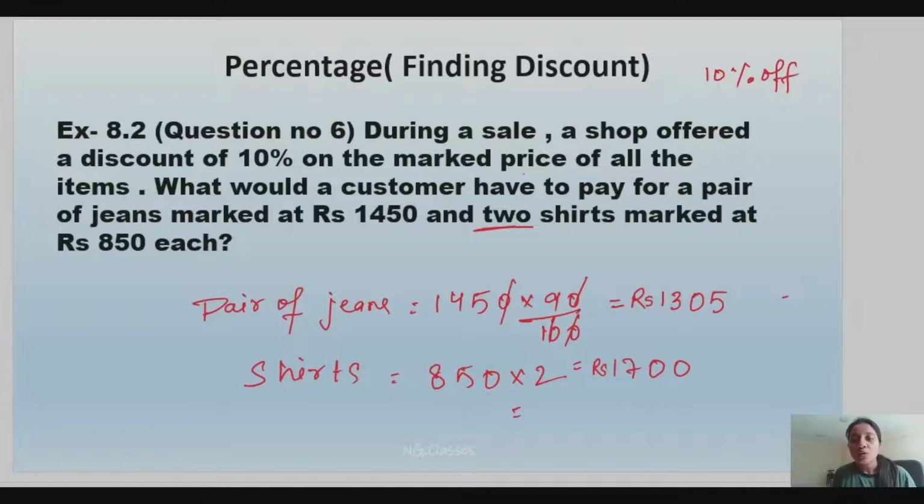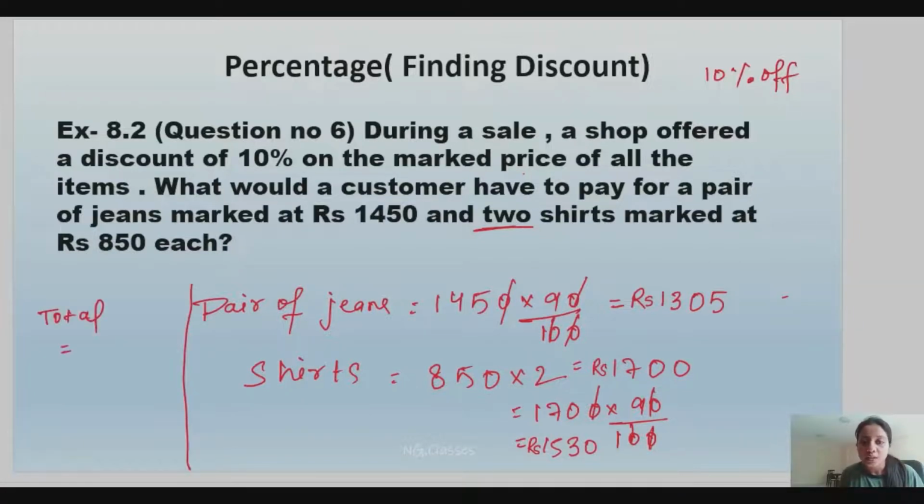Okay, so 1700 into 90 by 100. When we find the value, it will be rupees 1530. Now what is the total amount the customer is paying? Total amount he is paying is equal to 1305 plus 1530, which is rupees 2835.